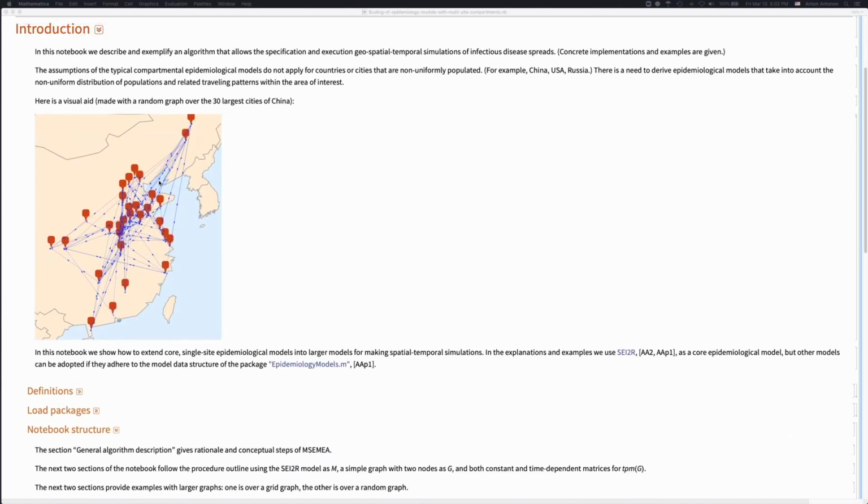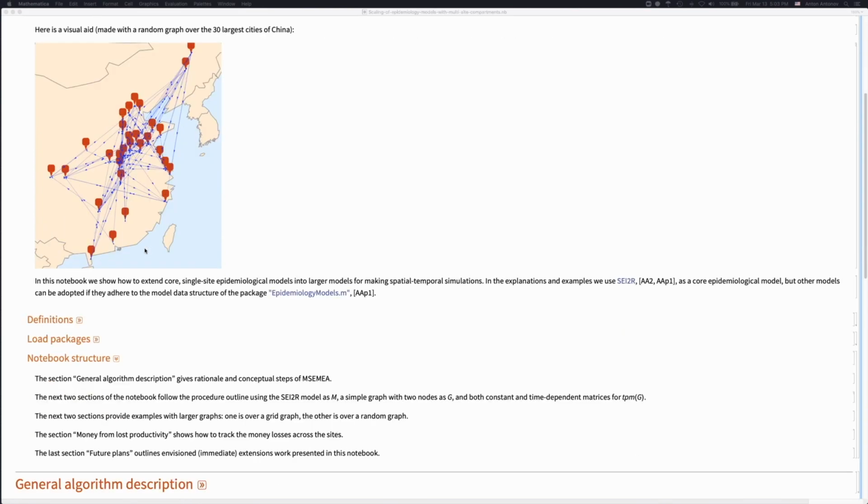As I mentioned in the lecture session yesterday, in most cases, when you have cities or densely populated areas which are separated, say within a country, which is the case here, the usual assumptions about the compartmental models do not apply. And because of this, it's a good idea to consider a possible scaling through space.